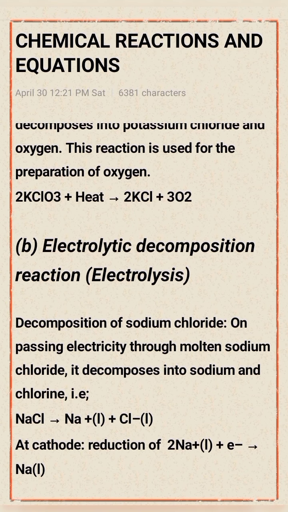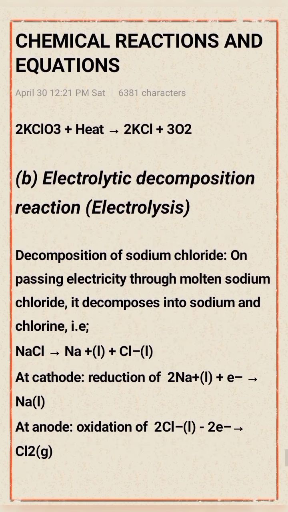At the cathode, reduction: Na+ plus electron forms sodium atom. At the anode, oxidation: 2Cl- minus 2 electrons forms chlorine Cl2 gas.